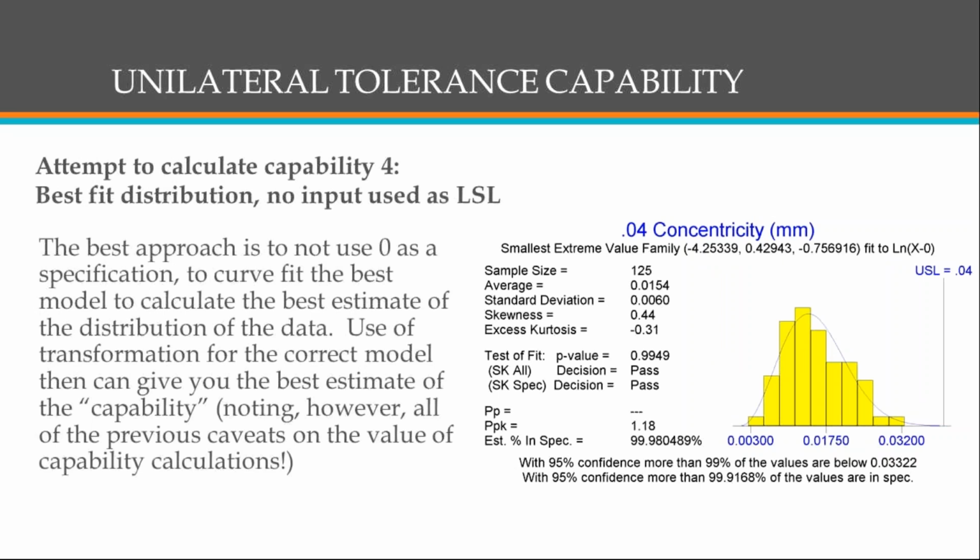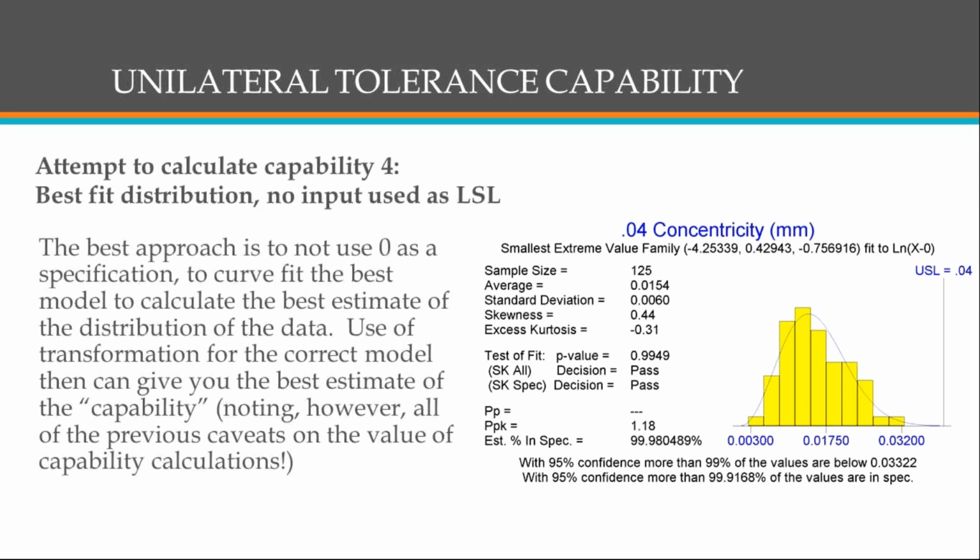In this particular case, you can see that they found the smallest extreme value family as a model for this data. Look at the test of fit. The p-value is 0.9949, almost a perfect fit. This is clearly a much better model than the normal.